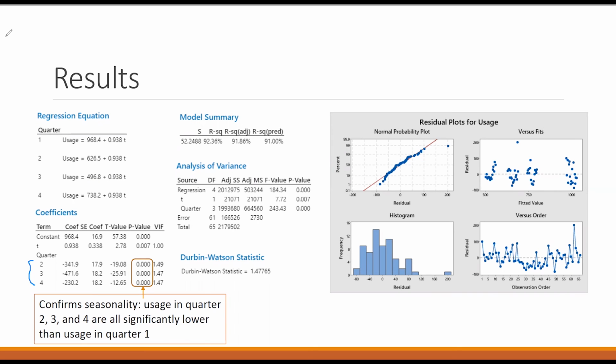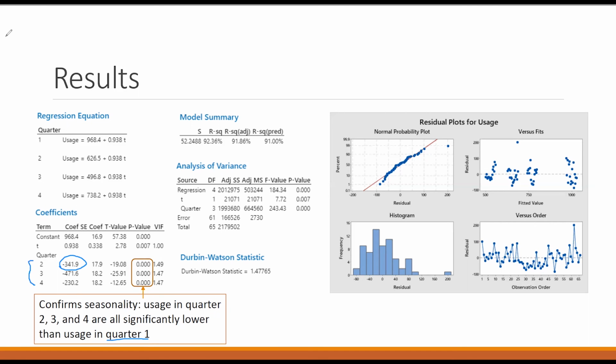The p-values, as I mentioned, are less than 5%, meaning they are significant. But you need to know significant for what, right? For example, quarter 2, which is negative 341.9. What does it tell us? Well, actually, for each of the coefficients here, it shows the comparison of the corresponding quarter with the first quarter.